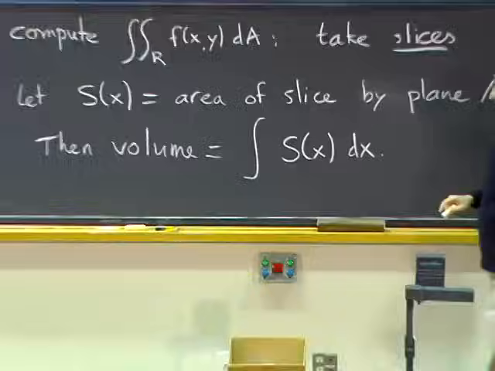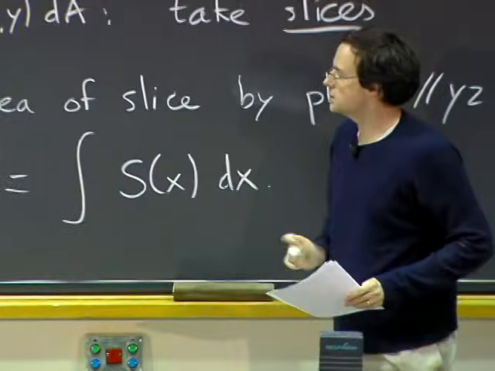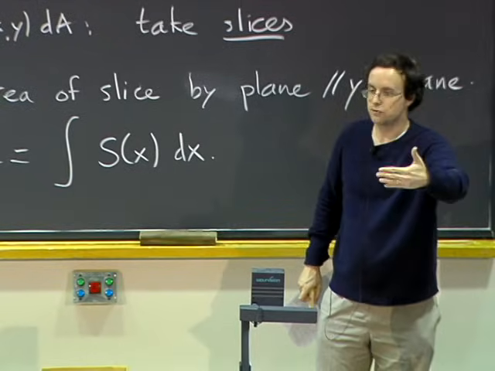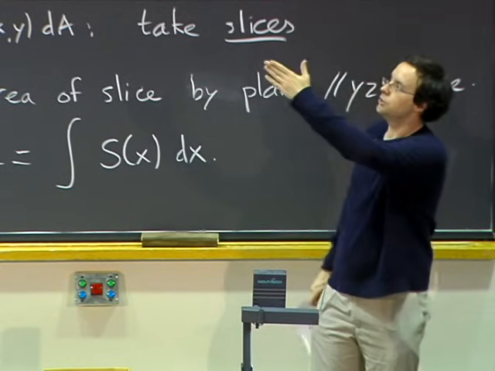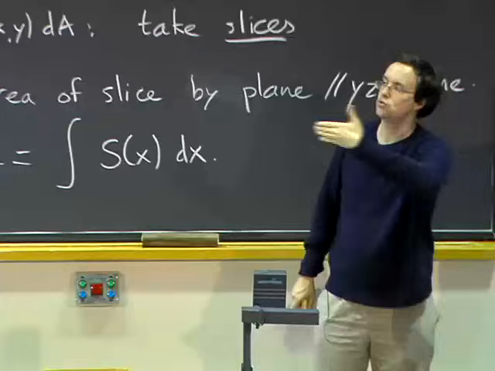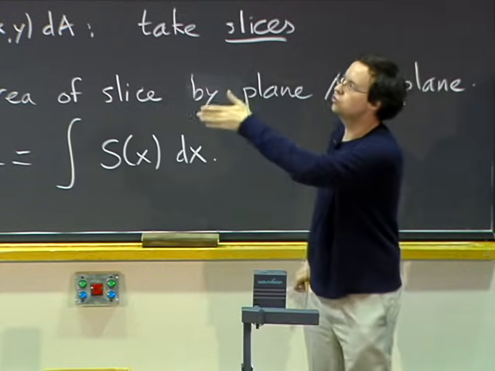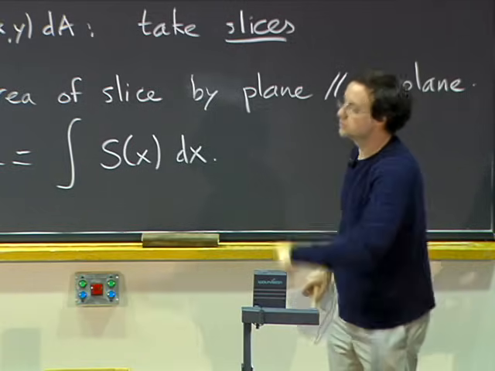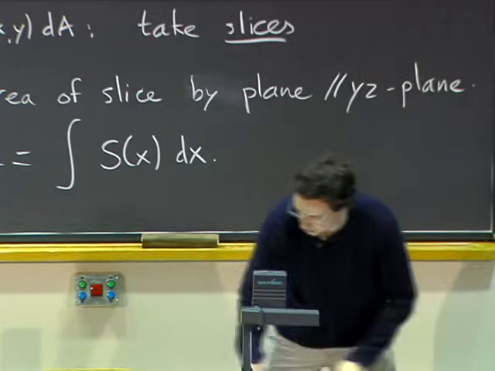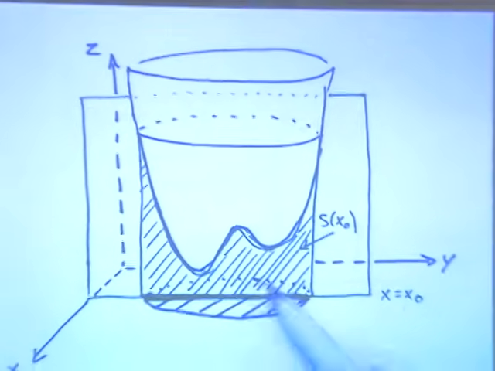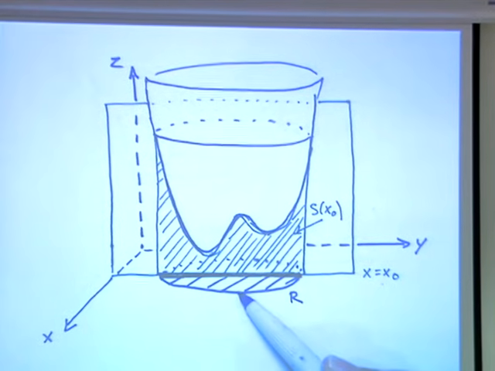What would be the range for x? We would have to start at the very lowest value of x that ever happens in our region, and go all the way to the very largest value of x, from the very far back to the very far front. On this picture, we'd probably start over here at the back, and end over here at the front.